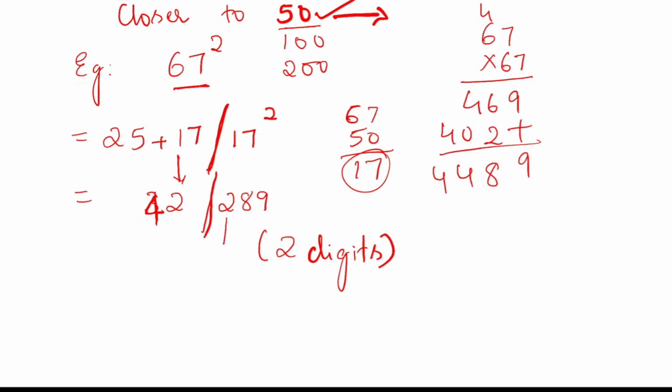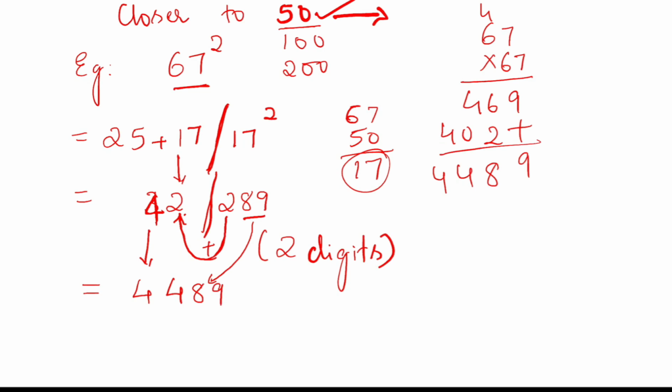Add this digit with this digit. So 2 plus 2 is 4. Keep the 42 as it is with the 2 added, giving 44, and write the remaining numbers as they are, that is 89.